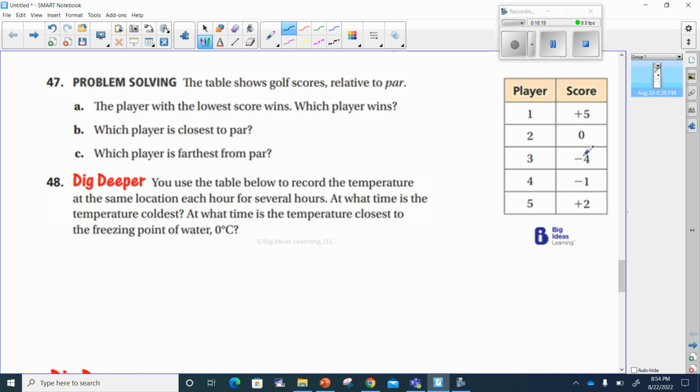He made it in less than 4 strokes, less than 1 stroke. This person took 2 extra strokes. So the player with the lowest score is going to be, I think, -4. And -4 is player 3. So we're going to put player 3.